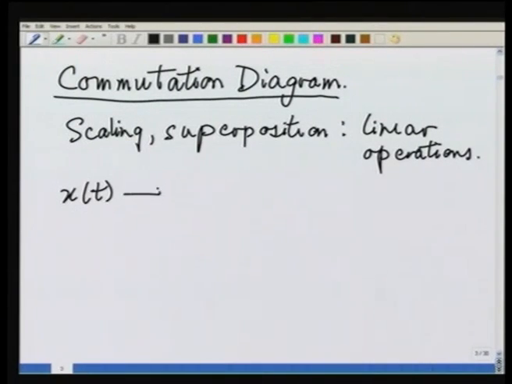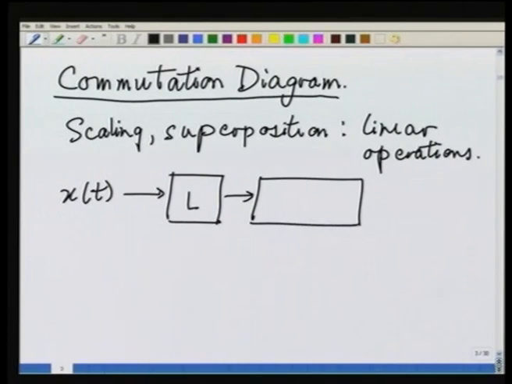I first apply a scaling operation to it, a linear operation I will just represent by L, and take its output to the system itself. And I get some output over here which I will call say y t.